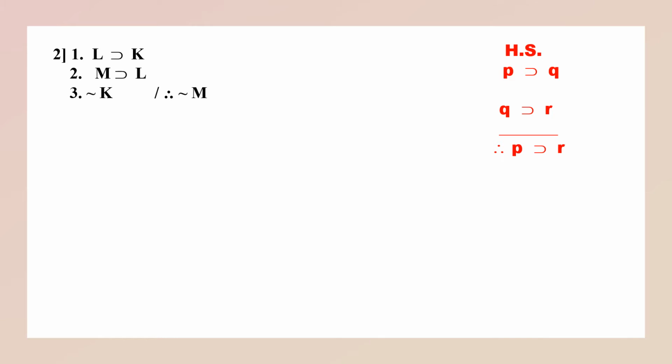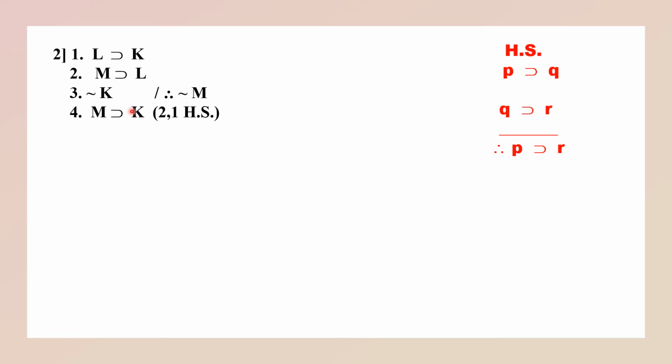So we can derive the conditional proposition as the antecedent of the second and consequent of the first. We will get M horseshoe K, 2 and 1 HS. Why do we write 2 first? Because antecedent is in the second premise and consequent is in the third premise of the step we have derived.